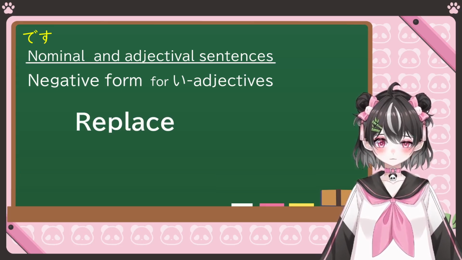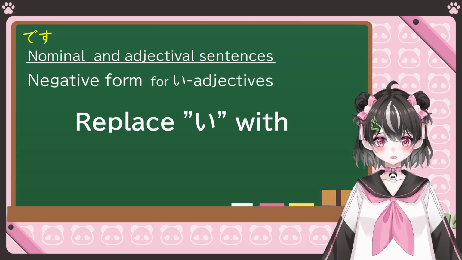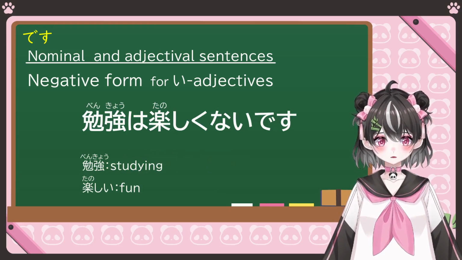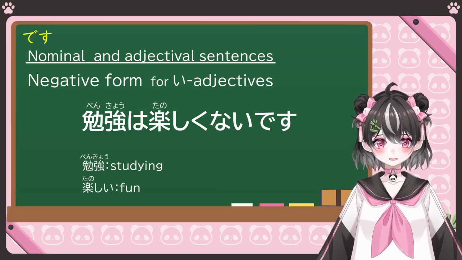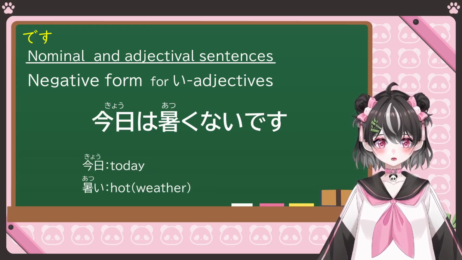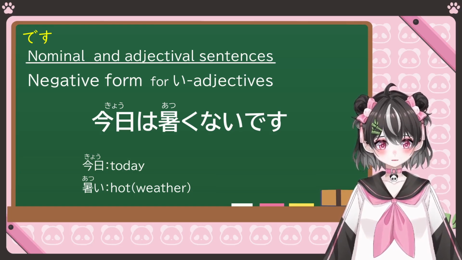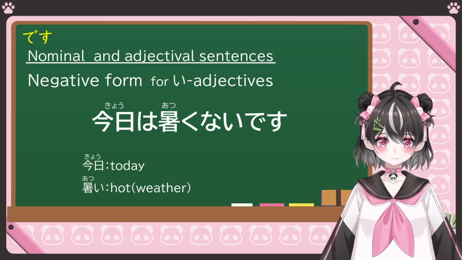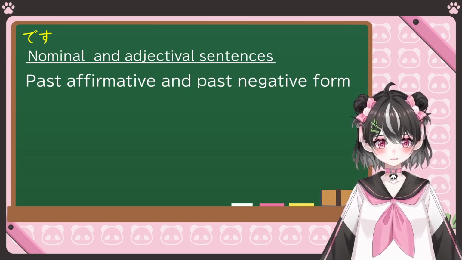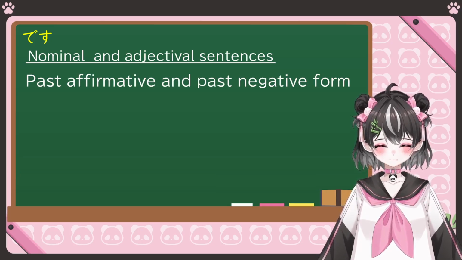You need to replace the last い with くないです。Like, 勉強は楽しくないです。今日は暑くないです。Okay, let's also learn the past affirmative and past negative forms.